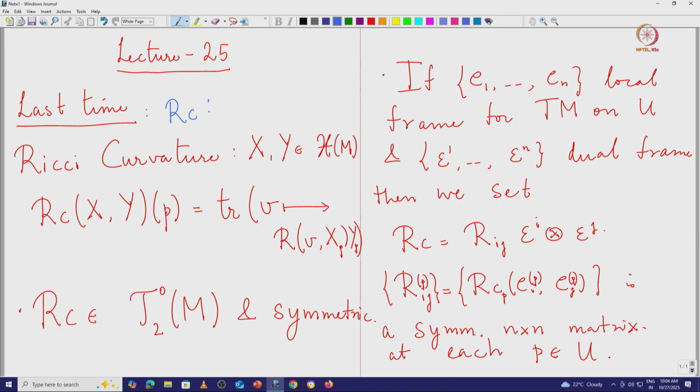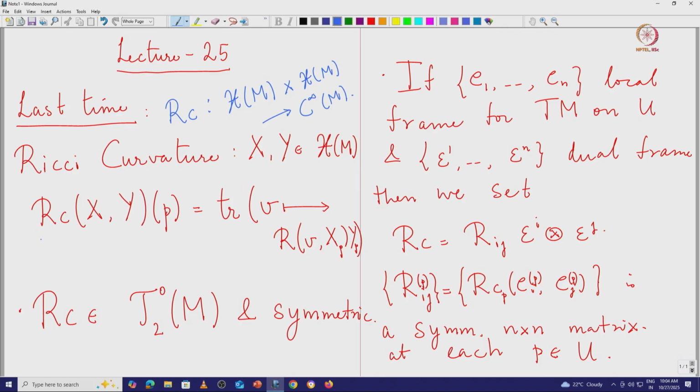So in the previous lecture I introduced this notion of Ricci curvature. Recall that the Ricci curvature was a map that took in two vector fields and spits out a smooth function. It is defined in the following way.